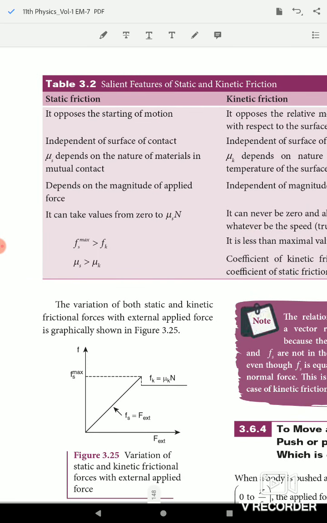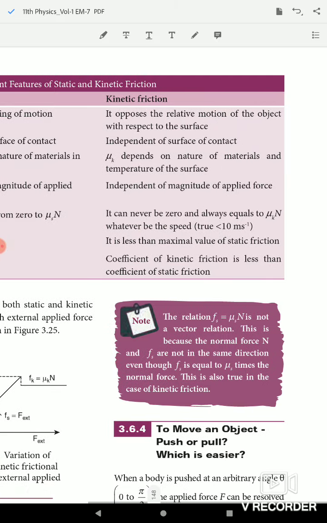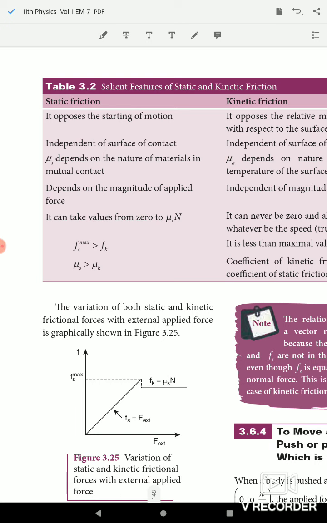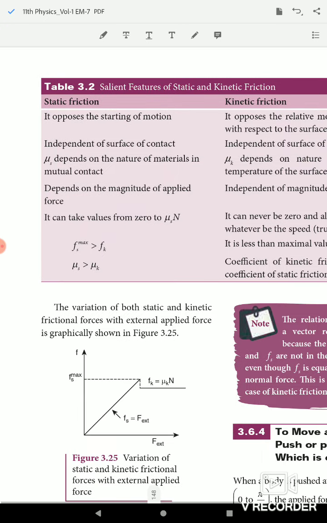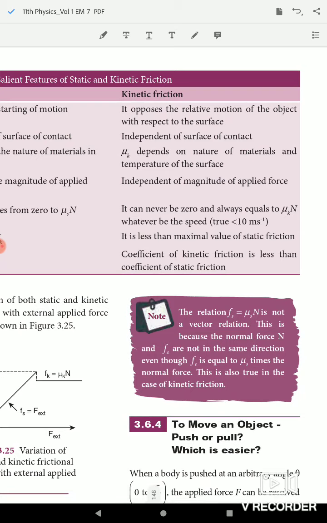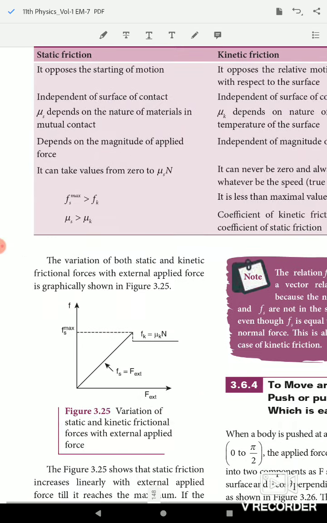Static friction is independent of surface of contact, and kinetic friction is also independent of surface of contact. Static friction mu s depends on the nature of materials in mutual contact, but kinetic friction depends on the nature of materials and temperature of the surface.